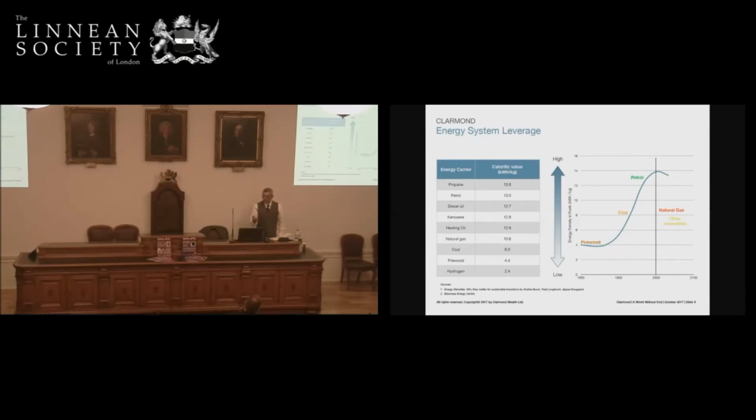So how dense is the energy that you're using? If you go from wood to coal, you essentially double, and then you do another double when you go from coal to oil. So that used to be our key driver. The leverage used to come from energy. The leverage now comes from the monetary system, not so much from our energy system.